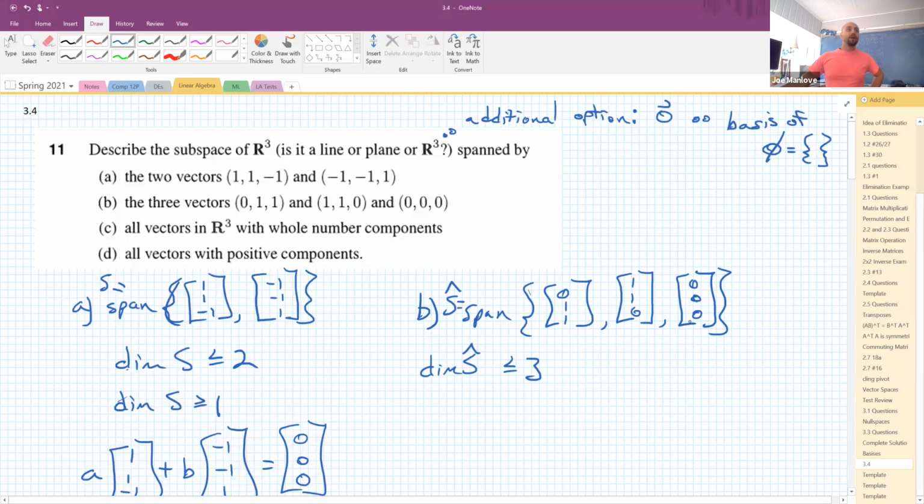I'm going to look at this and see which one of these is obviously linearly dependent. Which one of these? Zero.